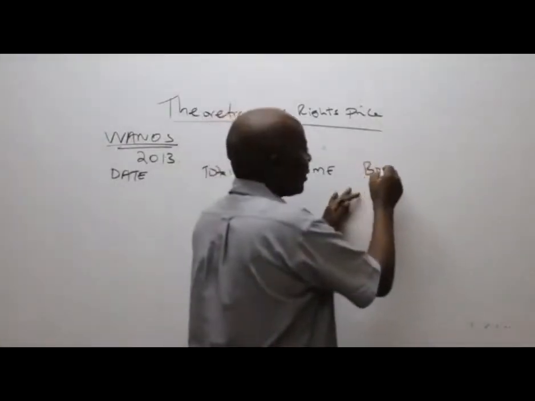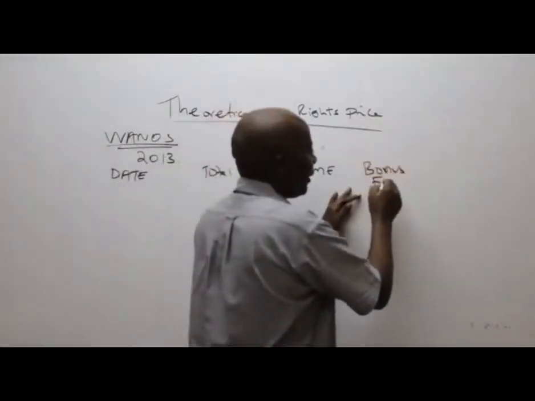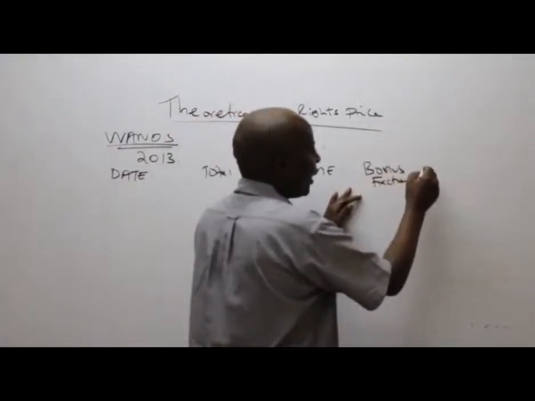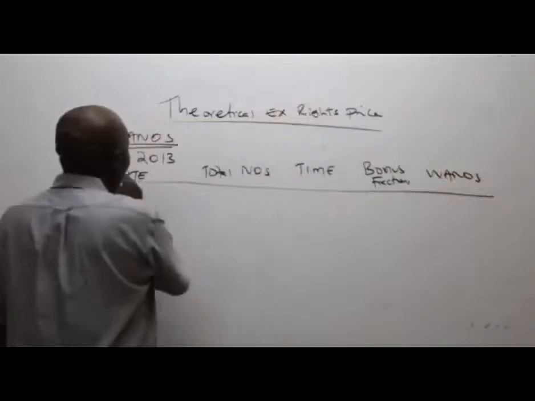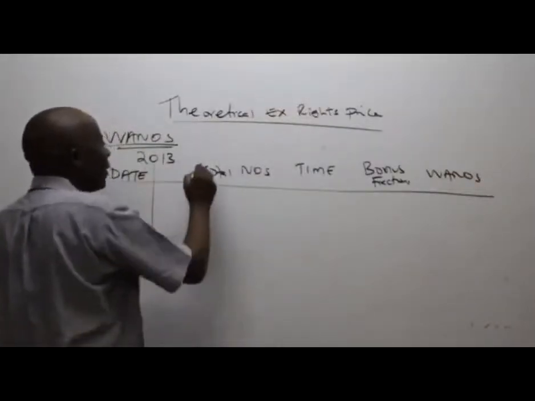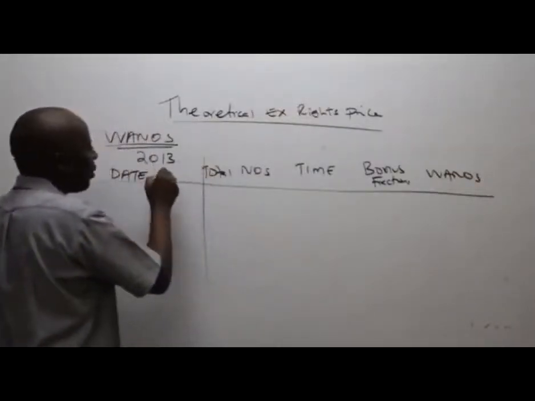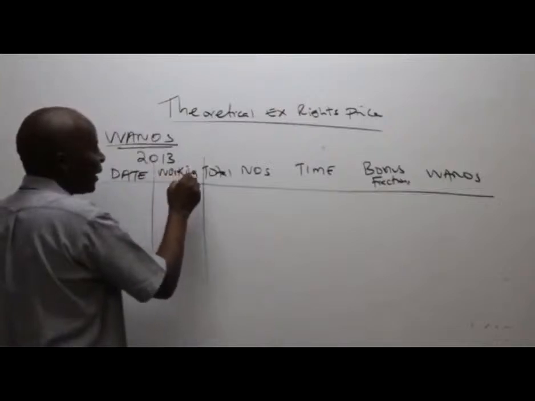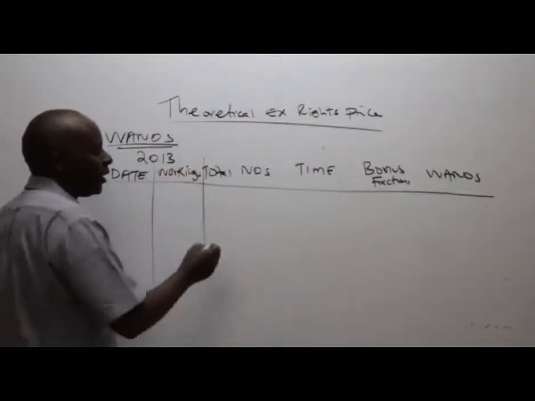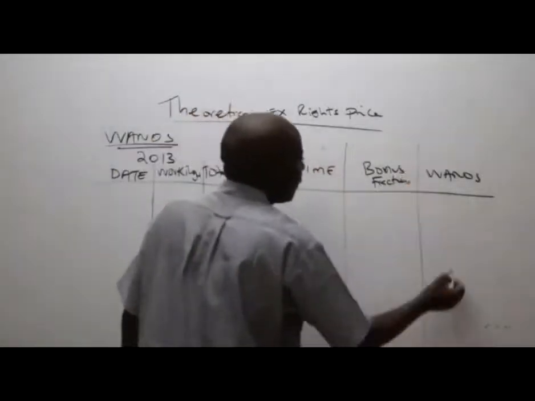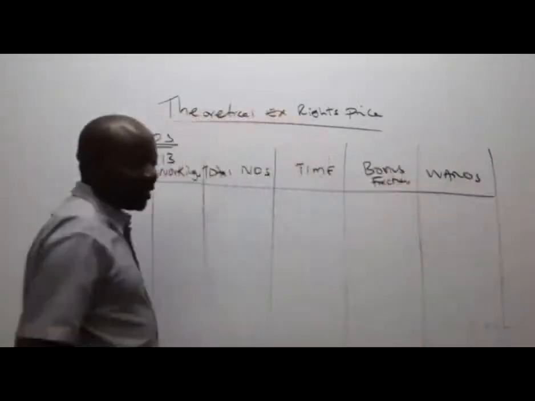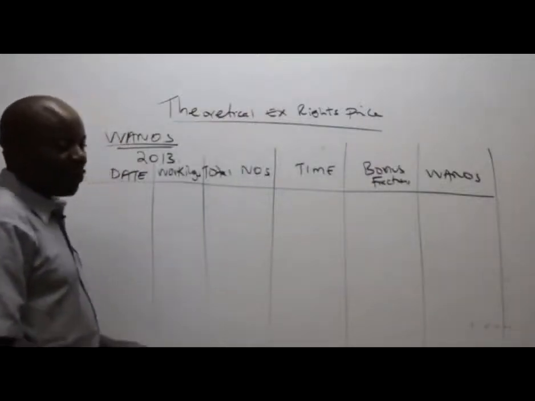We have the bonus or the rights fraction, isn't it? And then lastly, we have what here? The one-os like that. Remember, you must isolate. Even if you want, you can also put workings in the middle there. I have seen some people put workings in the middle, which is still okay. So we have the total number of ordinary shares, we have time, we have bonus fraction, and then we have one-os like that.